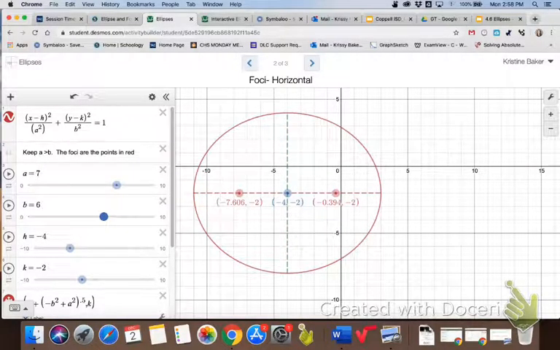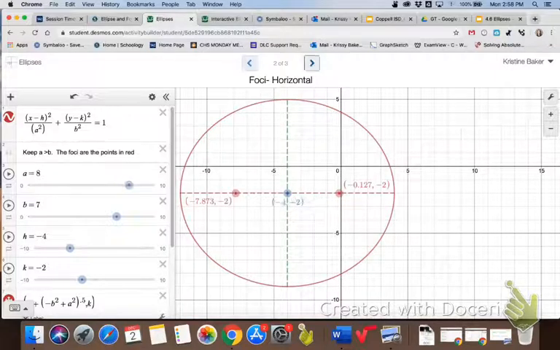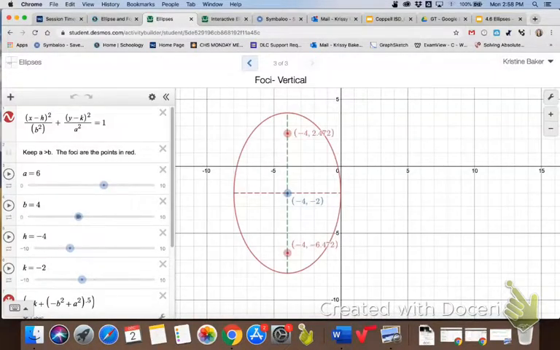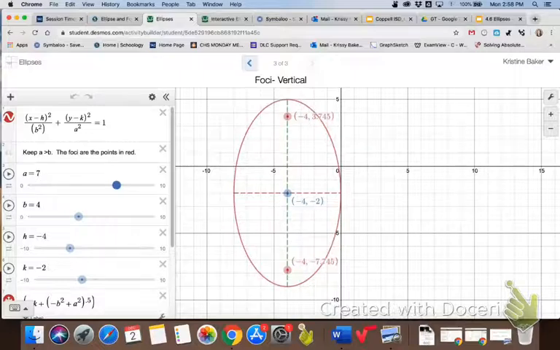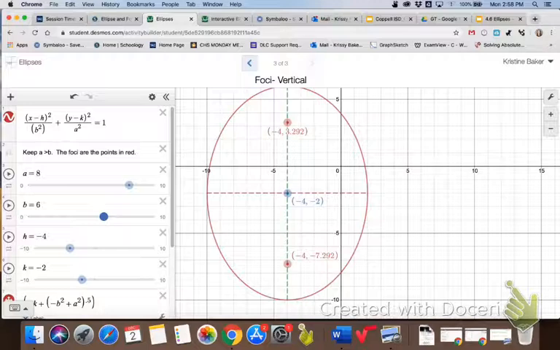If it were to be exactly there, then it would be a circle and wouldn't be an ellipse at all. So those two values will never be the same. If it's vertical, the foci are going to fall on that vertical axis. Again, the narrower it is, the closer they get to the edge. If it's wider, those foci are closer together.